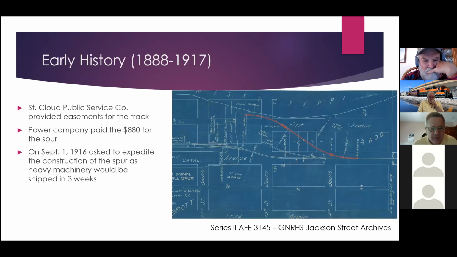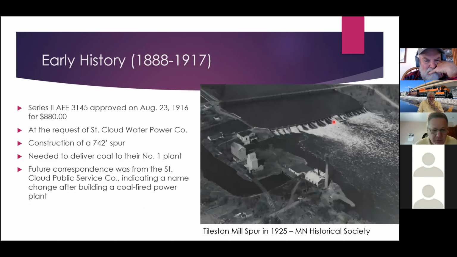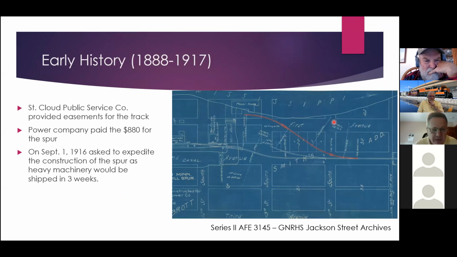And so basically the power company was charged $880, and this spur was put in place. And of course, the AFE had just been approved on August 23rd. The power company is now saying on September 1st to please build the spur faster, because we're going to be shipping in heavy machinery for the plant in 3 weeks. So we need the spur in place to move the equipment.